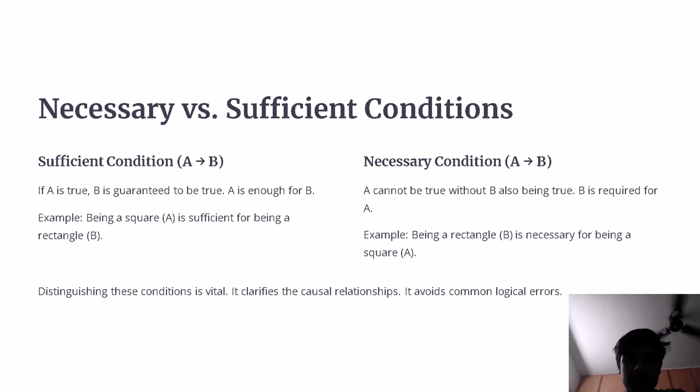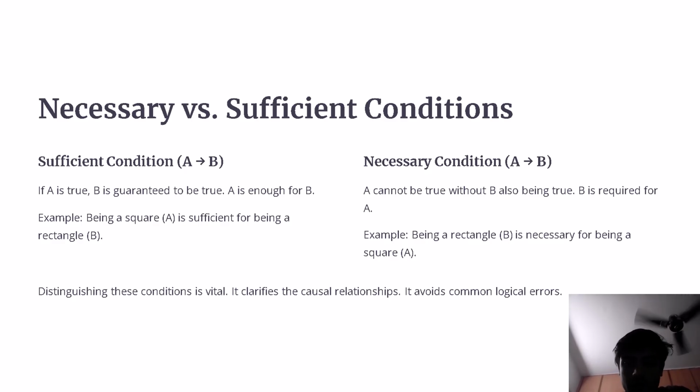Necessary versus sufficient conditions. A is a sufficient condition for B: if A is true, B is guaranteed to be true. A is enough for B. Example: being a square (A) is sufficient for being a rectangle (B). Necessary condition: A cannot be true without B also being true.